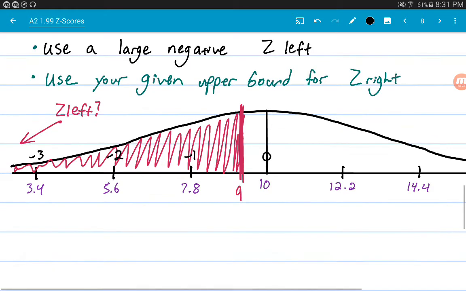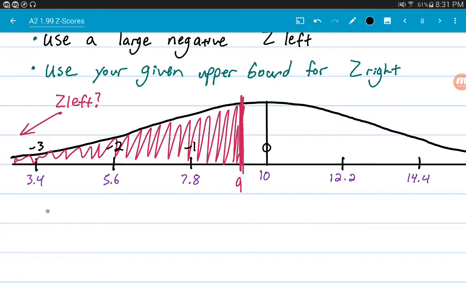So on that scale, what's a big negative number? Could I say that z left is negative 10? Negative 10 works perfectly, so let's call it negative 10. It could be negative 100, it could be negative 1,000, as long as it's far off in that direction.